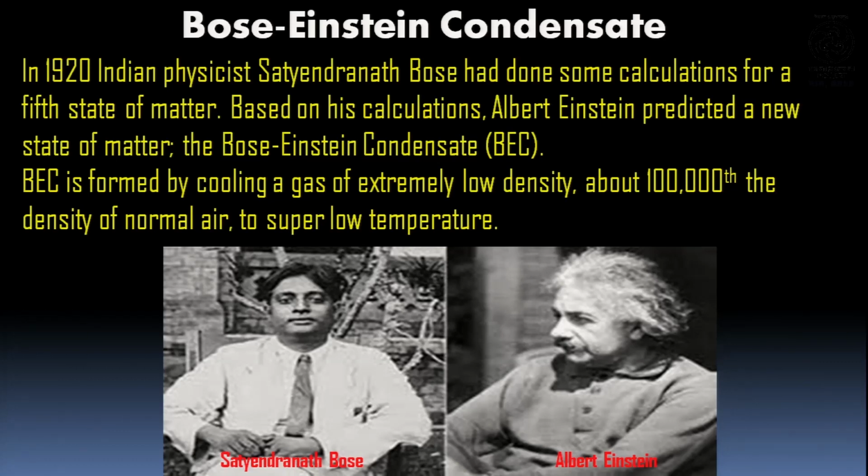Based on his calculations, Albert Einstein predicted a new state of matter, the Bose-Einstein condensate, BEC. BEC is formed by cooling of a gas of extremely low density, about 100,000th of the density of normal air, to super low temperature. This is all about Bose-Einstein condensate. When you grow up, you learn more about it.